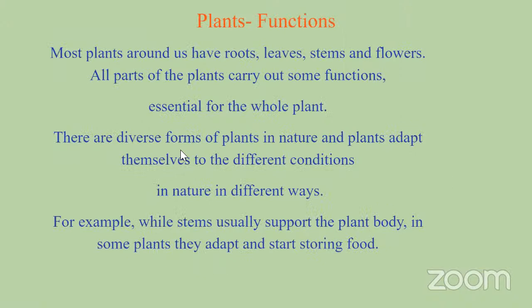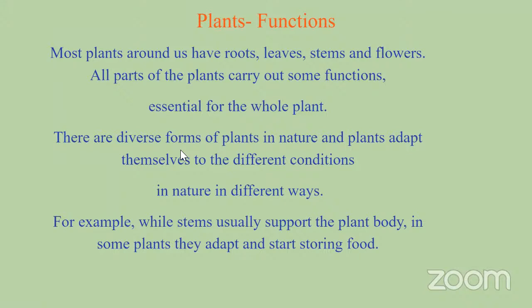So, plants and functions. Most plants around us have roots, leaves, stems, and flowers. All parts of the plants carry out some functions essential for the whole plant. It means roots carry some functions, stem carries some functions, leaves carry some functions.